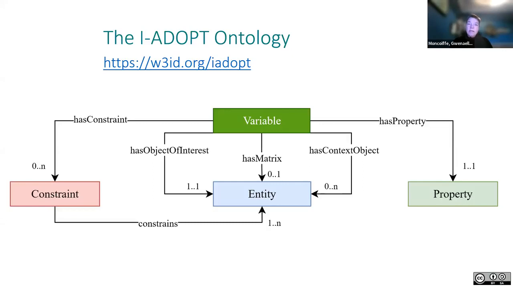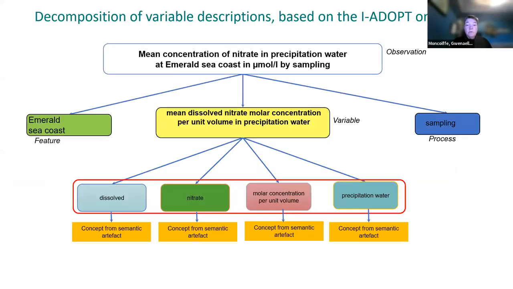So really, the I-ADOPT ontology is about the decomposition of a complex concept, which is what is being measured, into atomic elements that enable us to more easily describe it consistently, but also enable better aggregation, maybe, as well as interoperability between different terminologies.